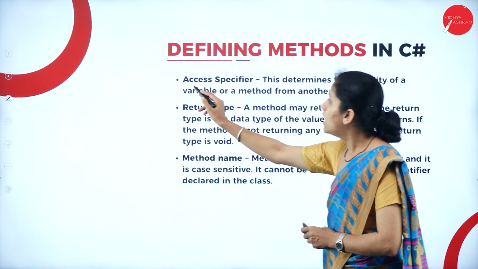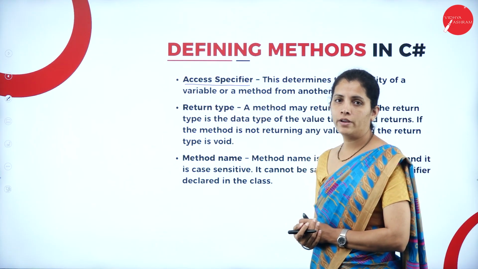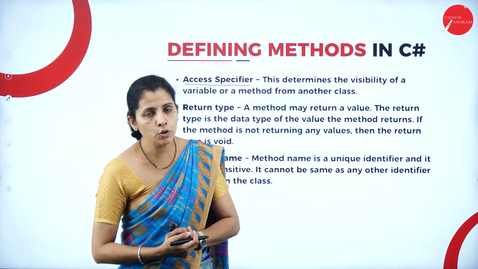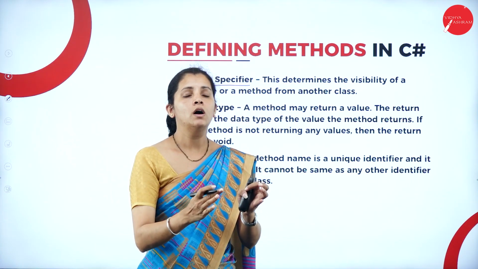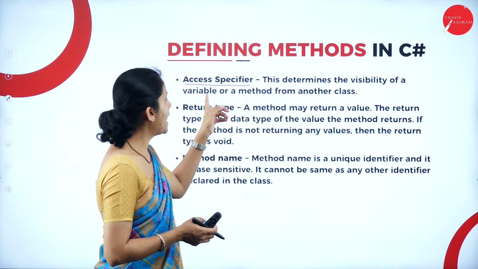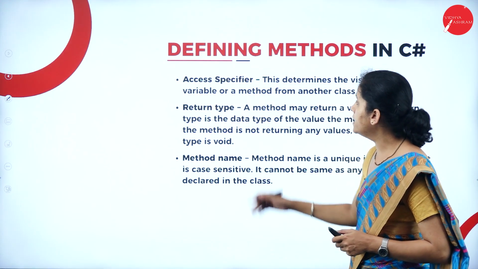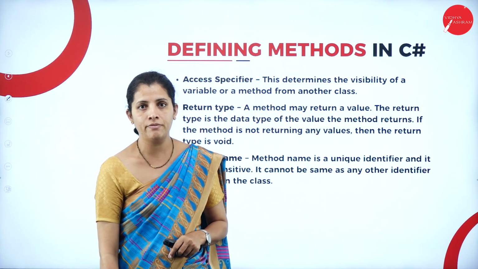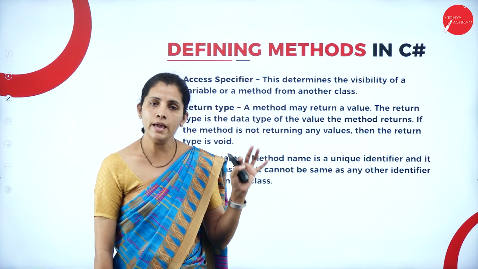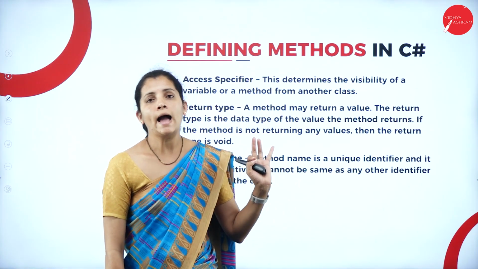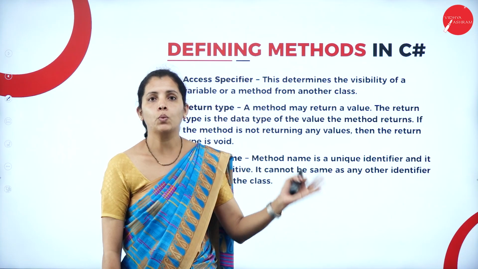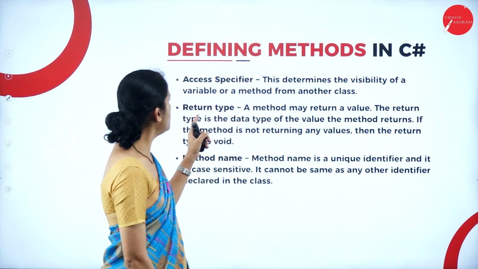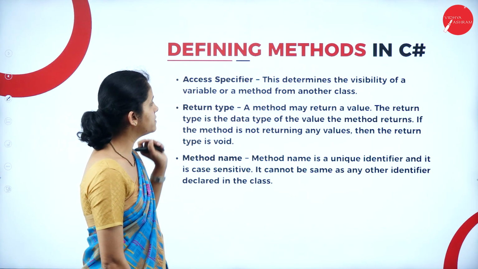Now, I'm going to have the access modifier. So what is an access modifier here? I'm going to specify who is able to access. Dear student, I'm going to have the access specifier. So what is the access specifier? That means I can make my method accessible by the class, within the class, or outside the class, so that I can specify the access specifier.